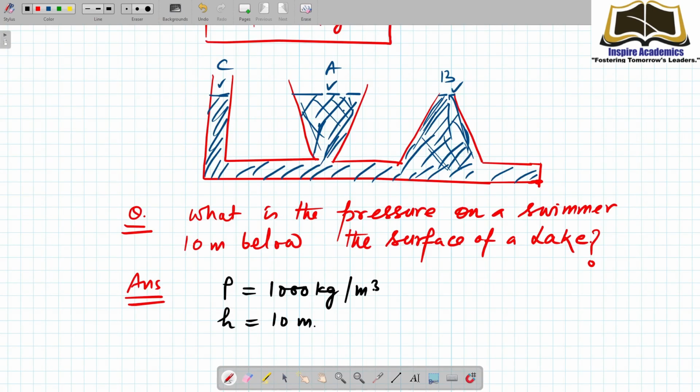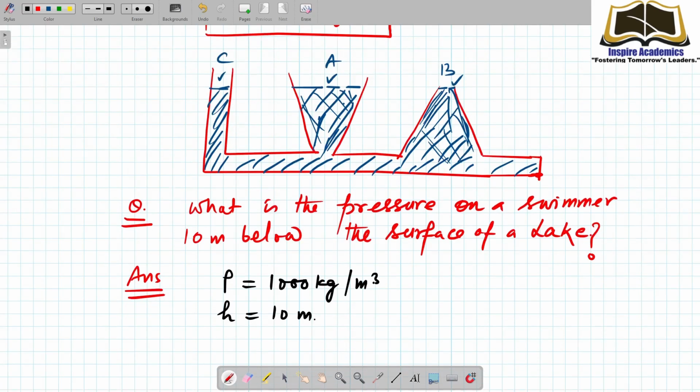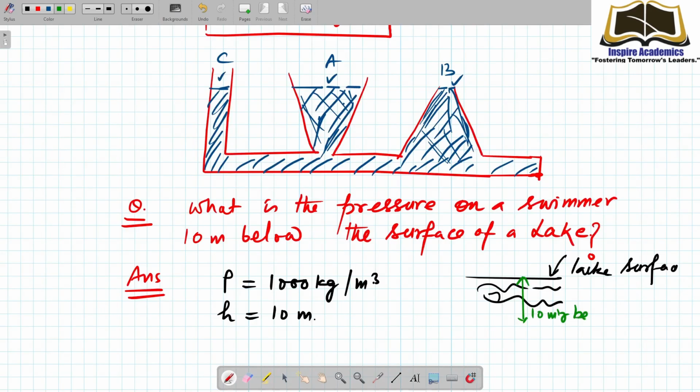Now see here, if you see, here is the lake, the water is like that, so this is the lake surface. So the person is 10 meter below.